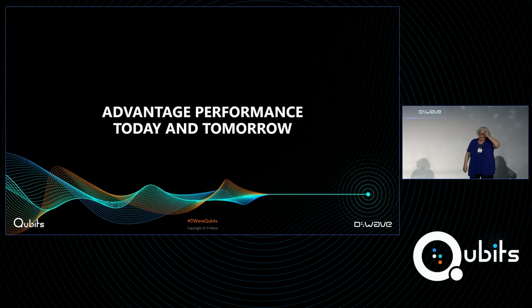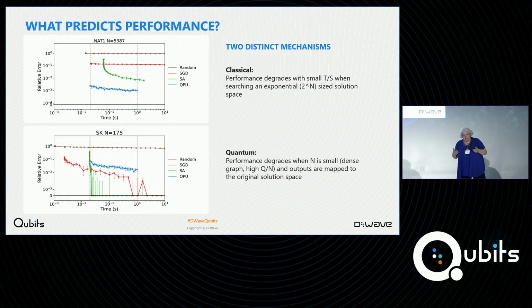So it led us to do a deeper dive and try to understand what it is about the scenarios that make this observable, which led us to understand performance in terms of two distinct mechanisms. Here on the left, it's yet another time on the log scale on X and relative error on the Y, and lower is better.